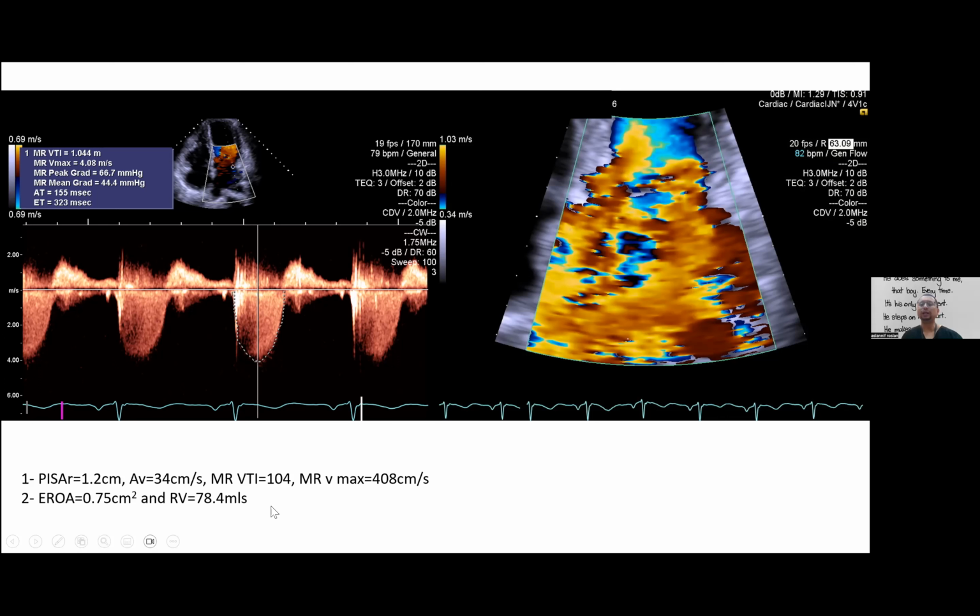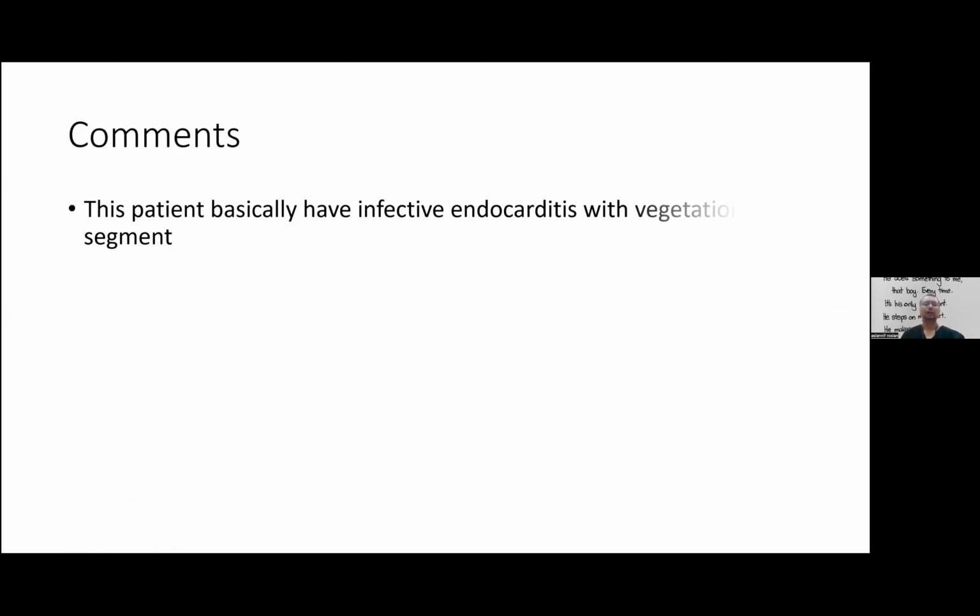We also look at the volume of the blood leaking to the left atrium, and we take the number 60 mils as significant, and the patient has 78.4 mils of leakage of the mitral valve. So this is severe mitral regurgitation, both with eyeball and color, and also with quantitation. So basically, this patient has infective endocarditis with vegetation at the P3 segment of the mitral valve leaflet.